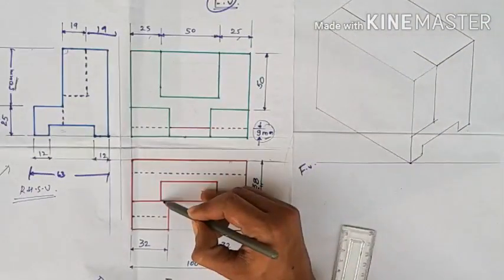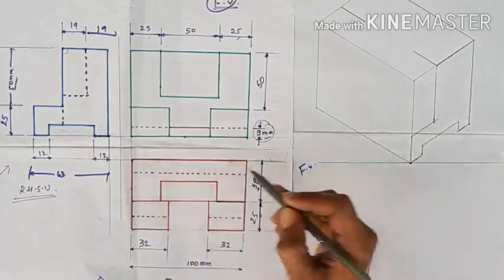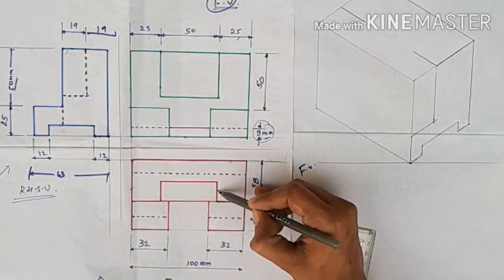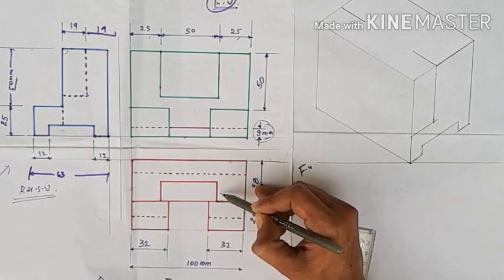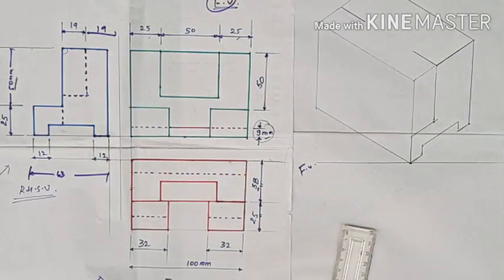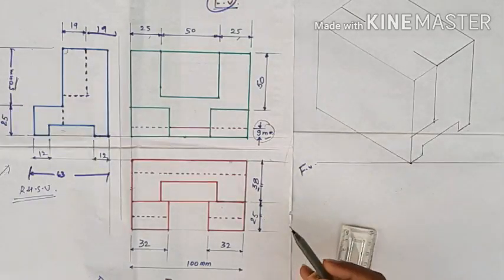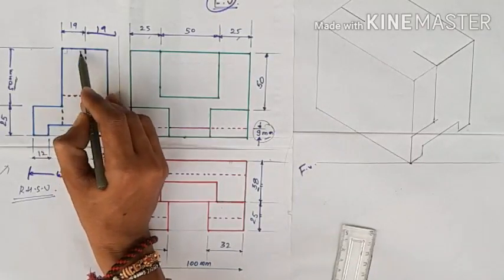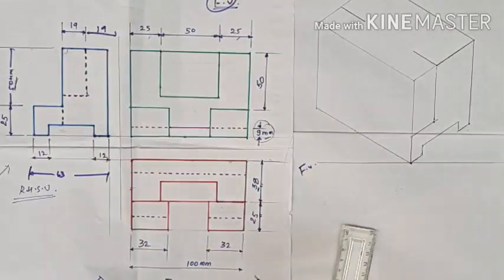Okay, and now what is this? It is parallel to width. So this is your width side, and this is also your width side. What about the length? This is going inside about 19 mm. How do we know that it is 19 mm? From the dimension, this is 19 and 19. Again, one second.